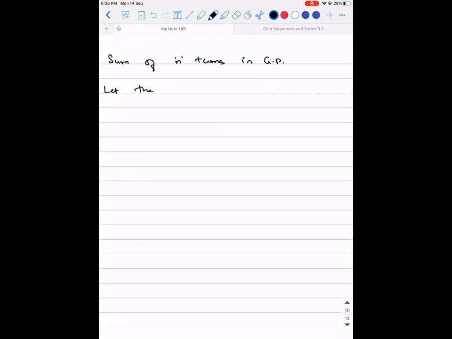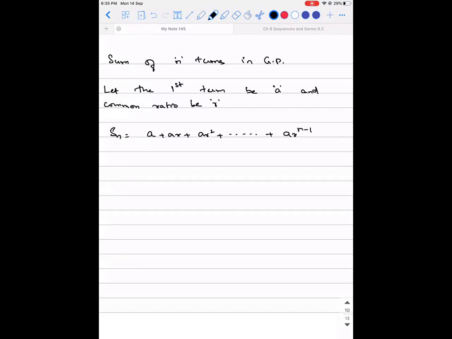Let the first term be A and the common ratio be R. Then Sn will be equal to A plus AR plus AR square plus so on. What will be the last term? AR power n minus 1. Accepted? Yes or no?